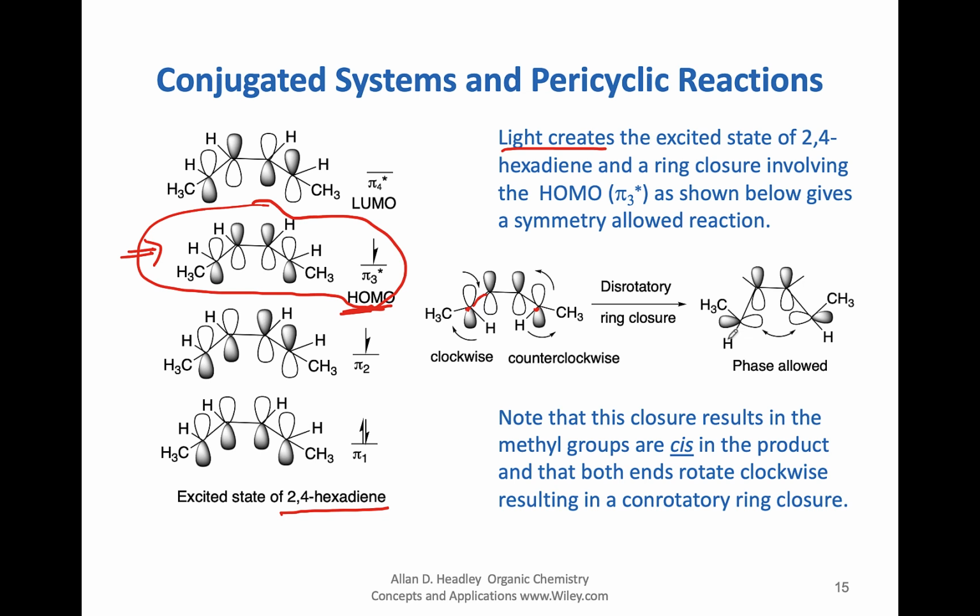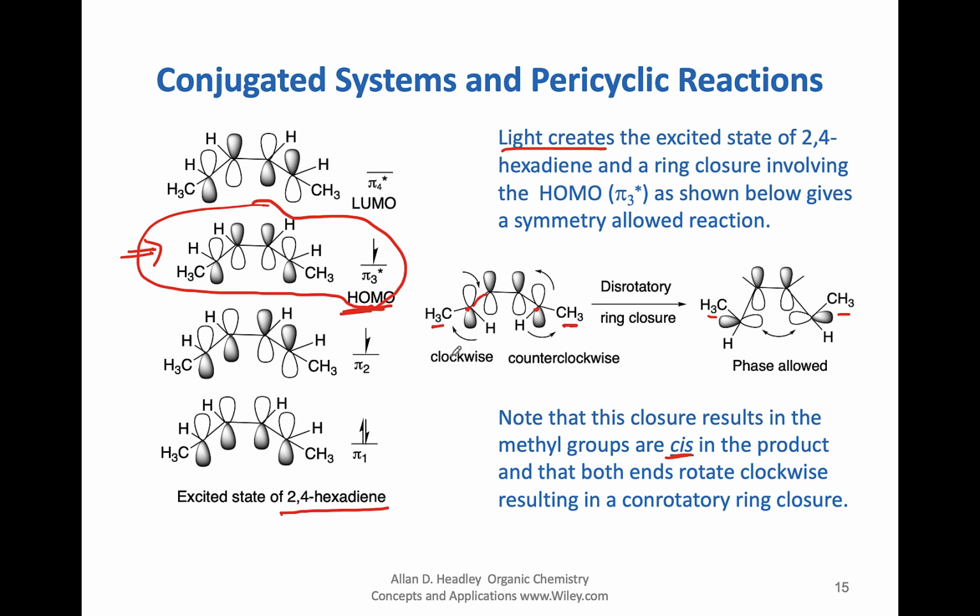In so doing, let's look at the methyl group. So this methyl group here and this methyl group here will now come on the same side, giving us a cis arrangement. This type of ring closure is called a disrotatory because they're going opposite.